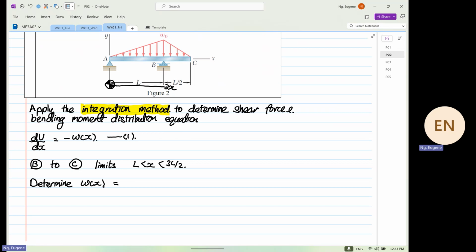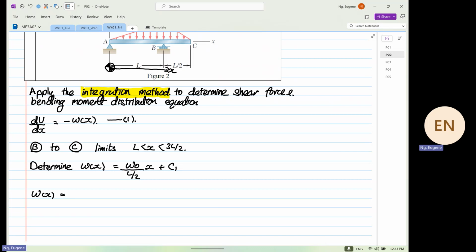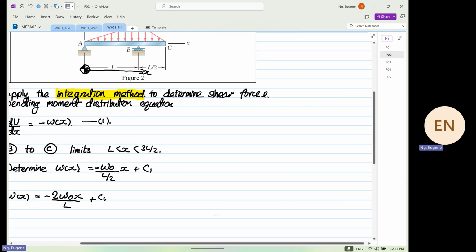This will be equal to omega naught over L over 2 x plus C1. So we come up with the equation. Omega as a function of x is equal to 2... sorry, it has to be minus because the slope is coming down. Minus 2 omega naught x over L plus C1.